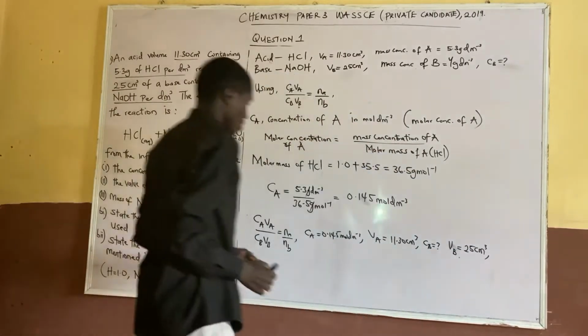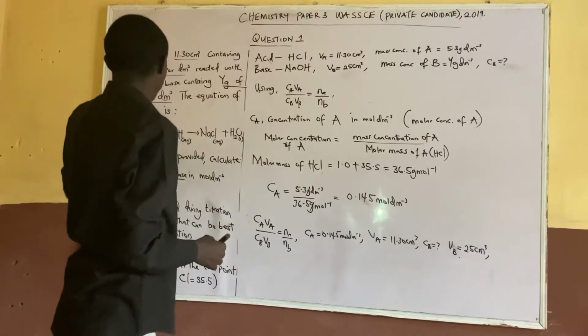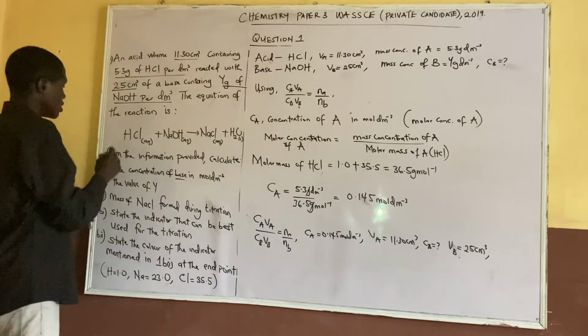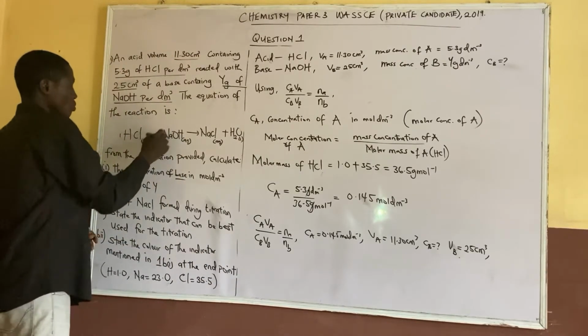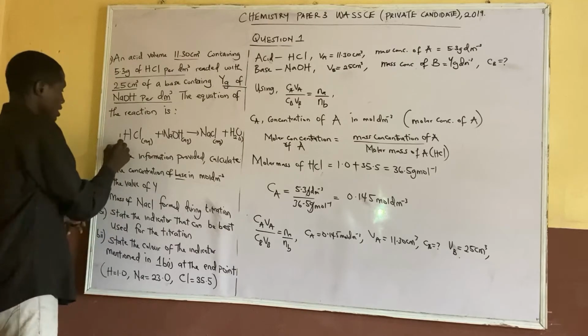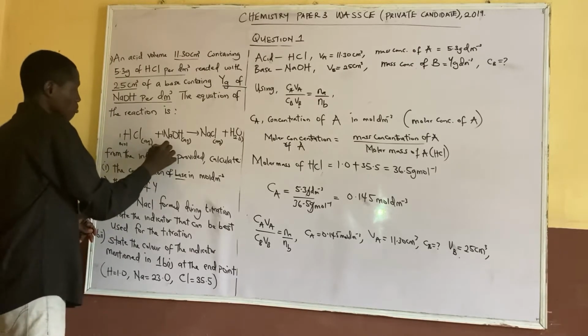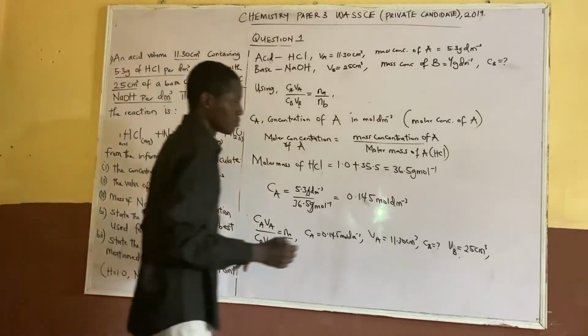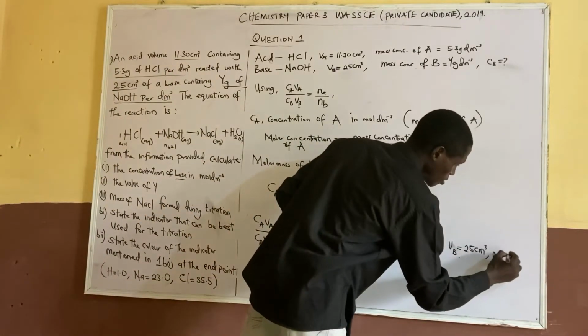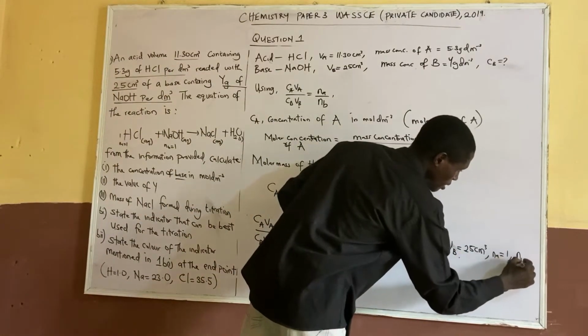Now, NA and NB are gotten from the equation of the reaction, which is 1 ratio 1, so NA is equal to 1 and NB is equal to 1.